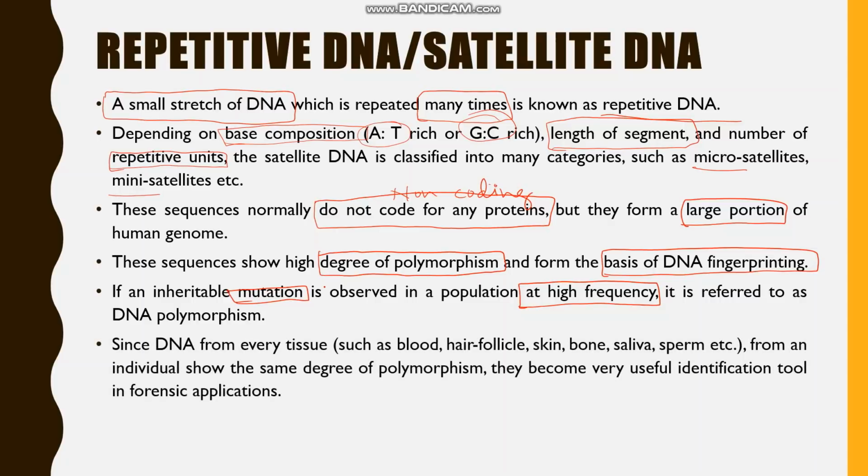Since DNA from every tissue such as blood, hair follicle, skin, bones, saliva, sperm, etc. from an individual shows the same degree of polymorphism, this is another important feature. Because of the same degree of polymorphism, they become a very useful identification tool for forensic science. That means a specific chromosome in all the cells of an individual's body shows the same degree of polymorphism.